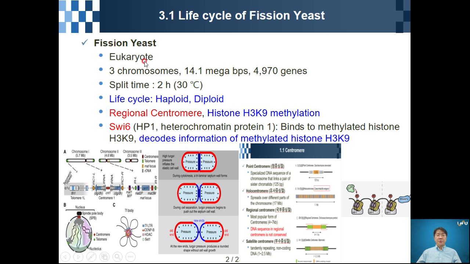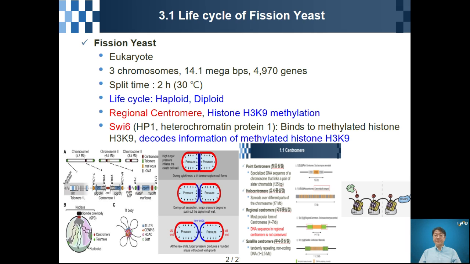The genome size is about 14.1 megabase pairs, and they have only 5,000 genes. Their doubling time is 2 hours at 30 centigrade, so one fission yeast becomes 2 fission yeast after 2 hours.